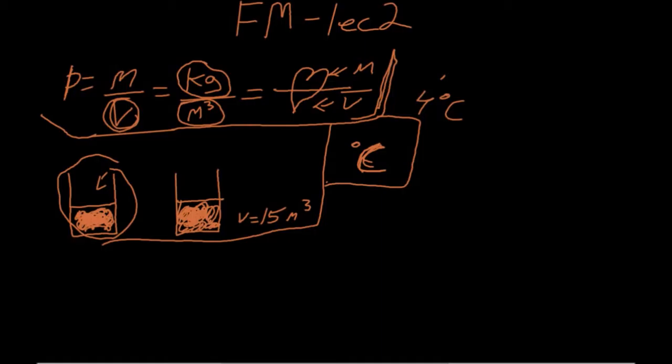So anyways, where were we? Yes, so if the kilograms are the same and we increase the temperature, what happens to volume? Well, volume increases. So if volume increases, what happens to density?